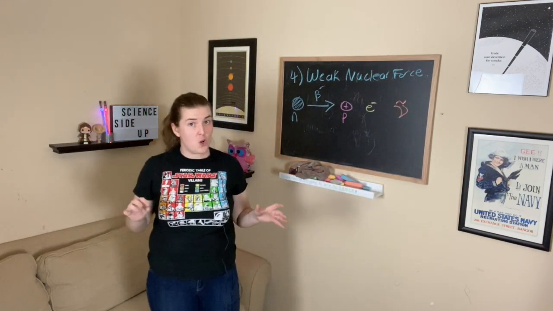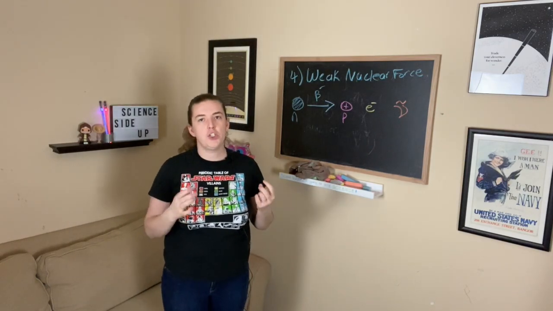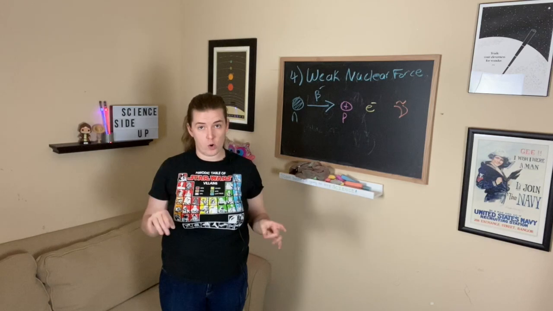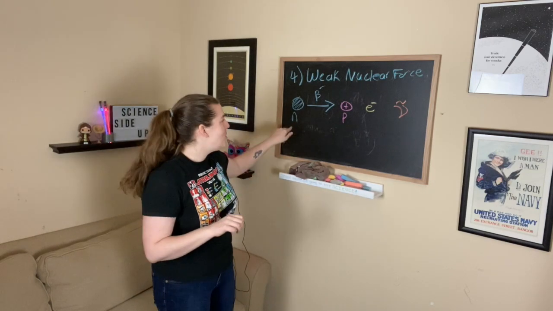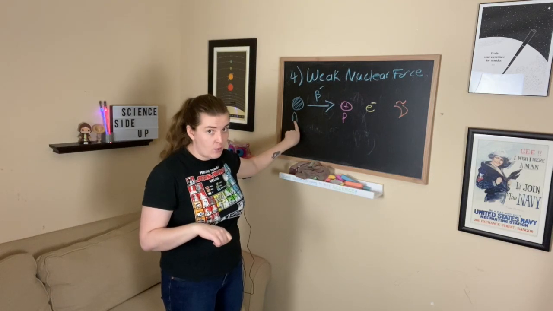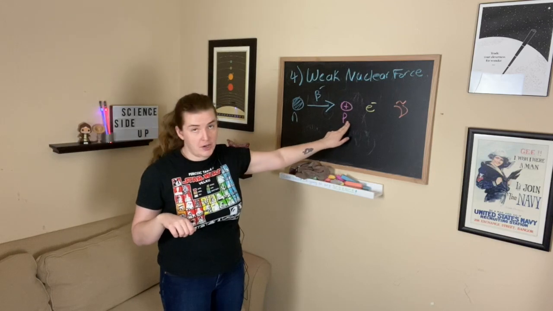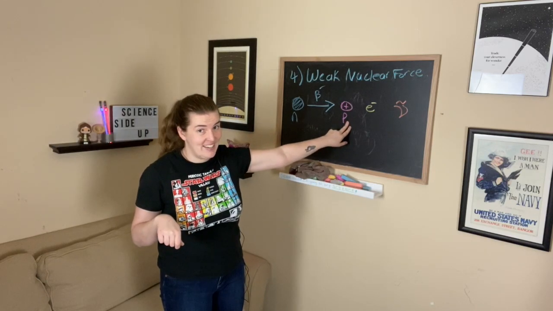One thing that's very cool about the nuclear weak force is that it's the only force that's able to change the flavor of the quark, right? So we had to take one of the down quarks in our neutron and turn it into an up quark for the proton, right?